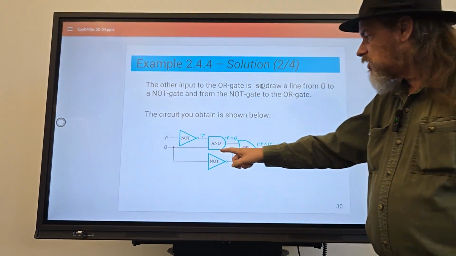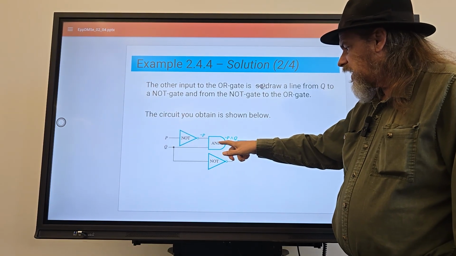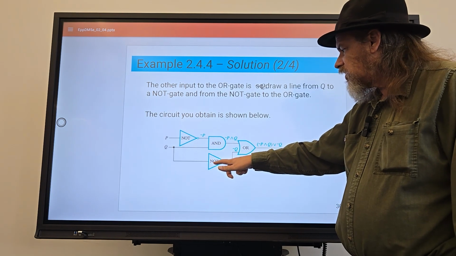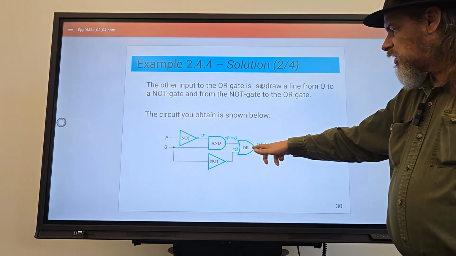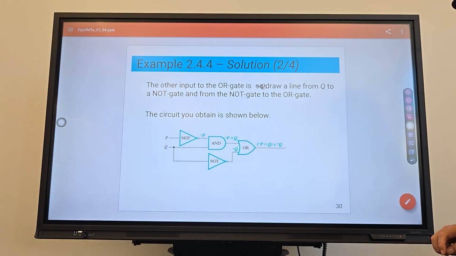The not would invert the P into the and. The Q would be split between the and and the inverter. And these two would be ORed together at the end.